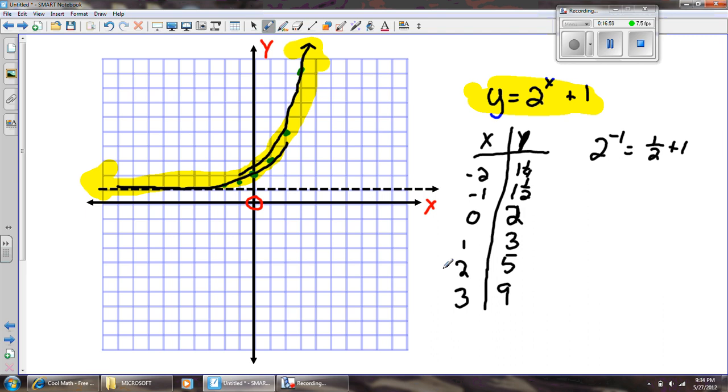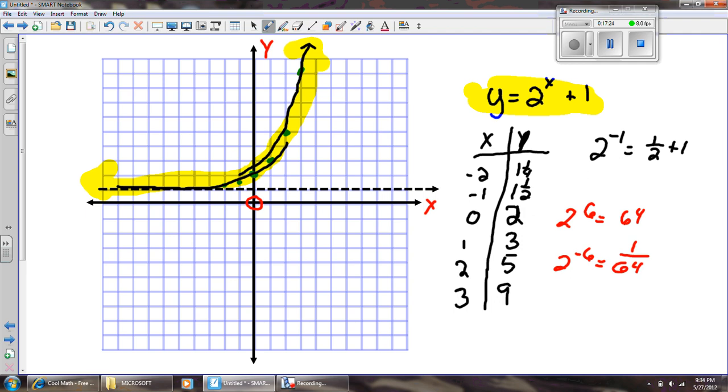For example, 2 to the 6th is what, 64, I think, right? 8, 16, 32, yeah, 64. Okay, 2 to the negative 6th isn't negative 64, it's 1 over 64, which is a really small decimal. You know, it's approaching 0.